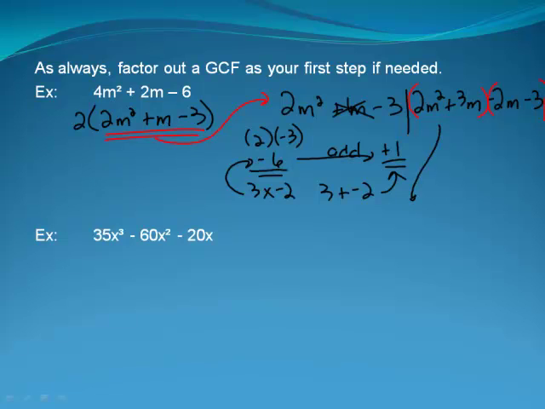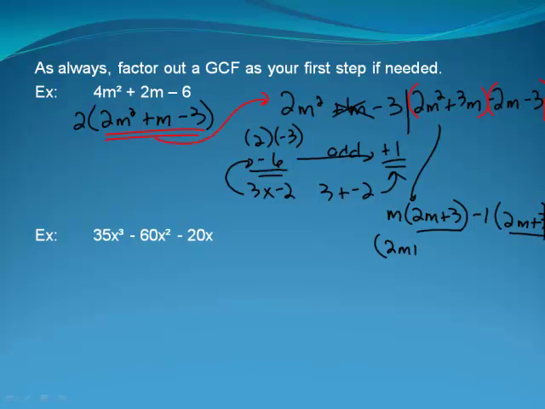Out of that first group, I can factor an m out, which leaves me with 2m plus 3. Out of that second group, I don't have a common factor, but I have to pull out a negative 1 because I need to have that first term be positive. So that makes 2m plus 3 in that second group. Those two groups match.